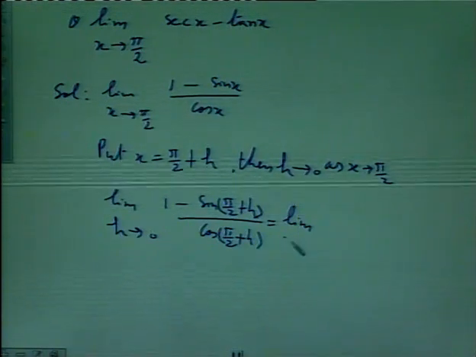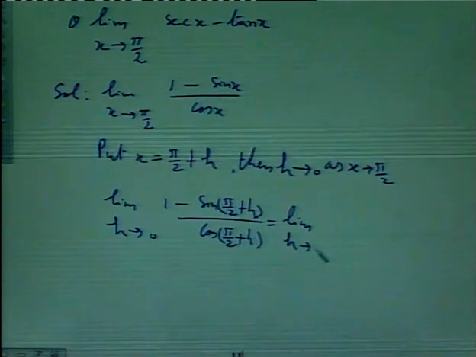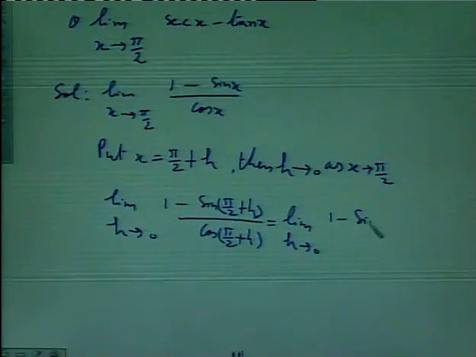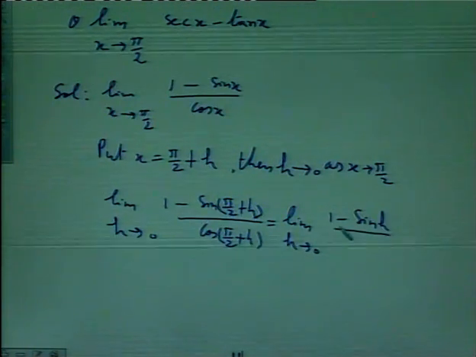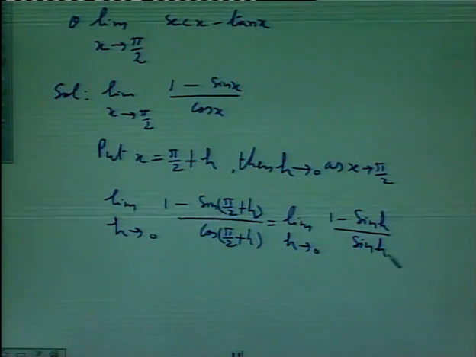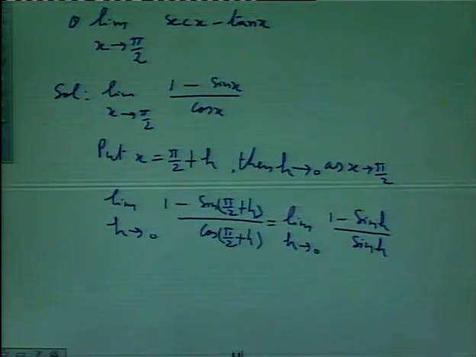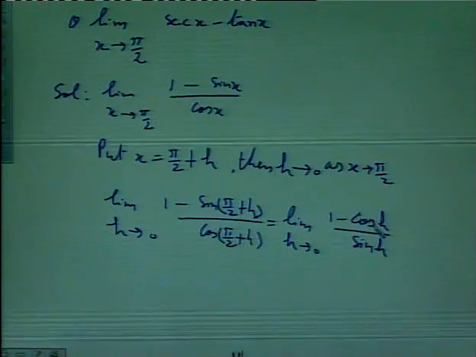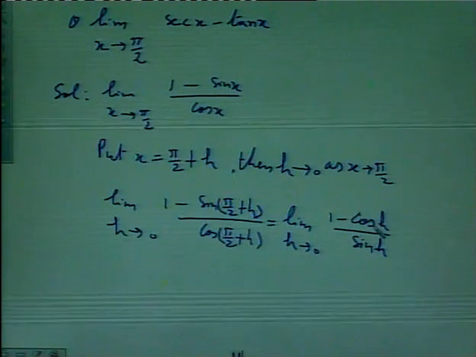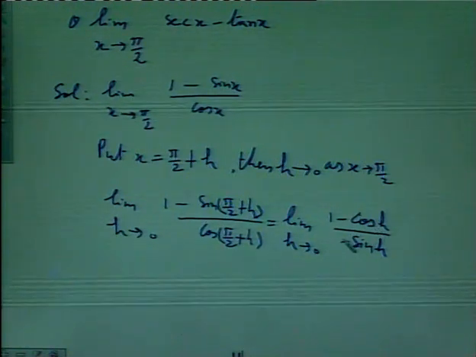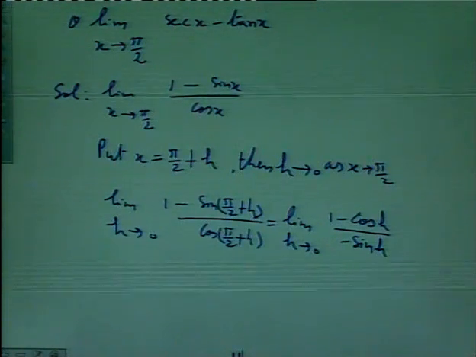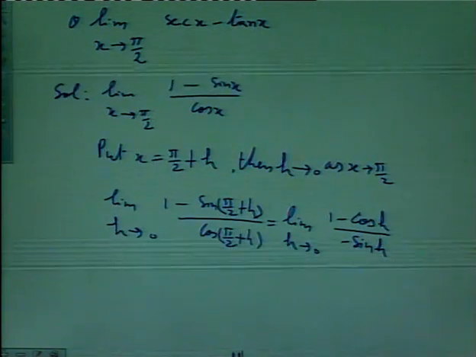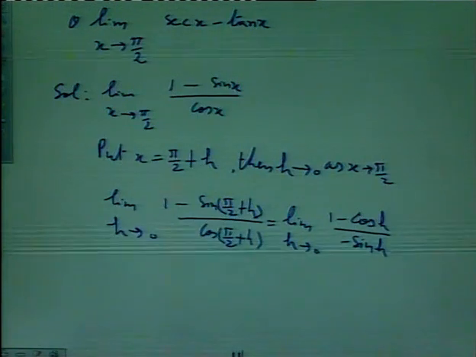Now, this will change to 1 minus cos h upon minus sin h, because cos (pi by 2 plus h) is minus sin h, because the angle goes to the second quadrant and in the second quadrant cos is negative, tan is also negative, but sin and its reciprocal ratio cosecant are positive.